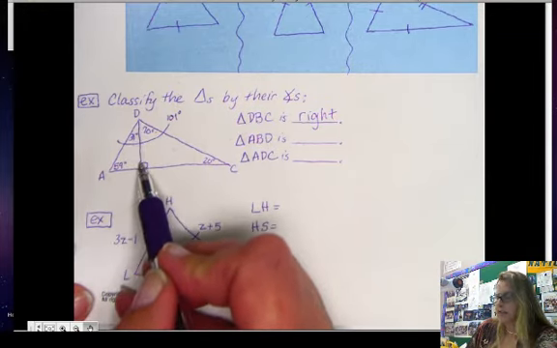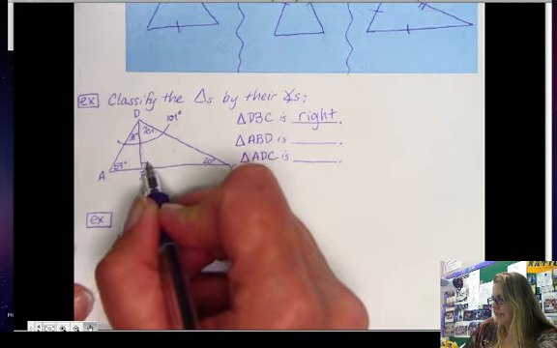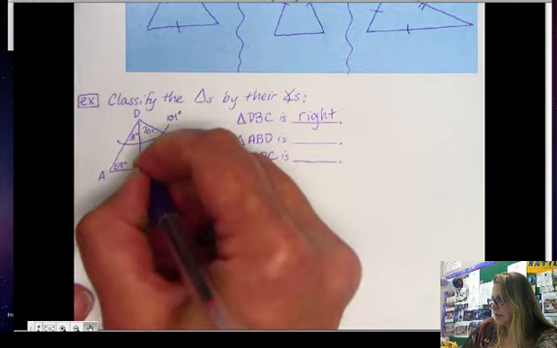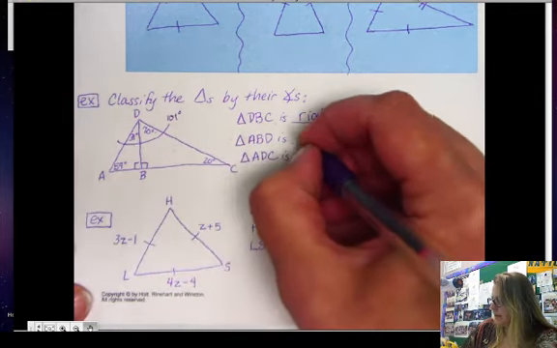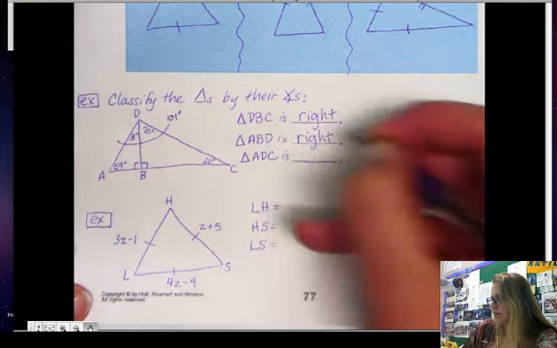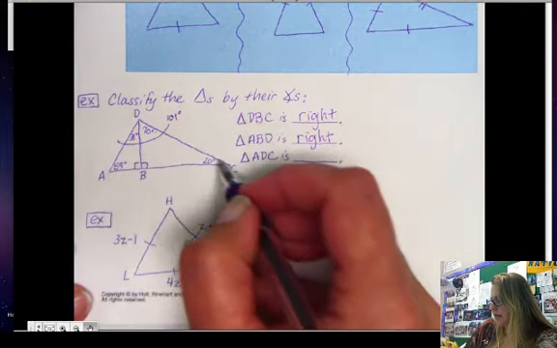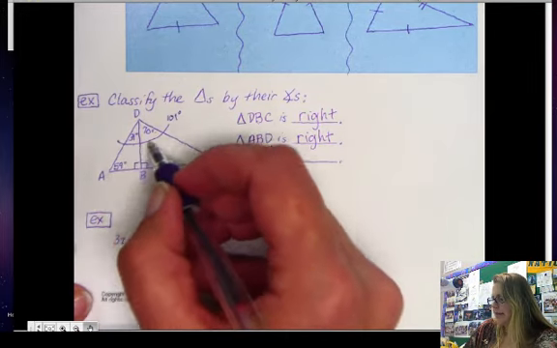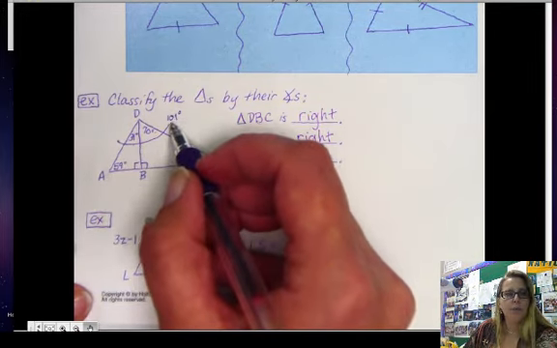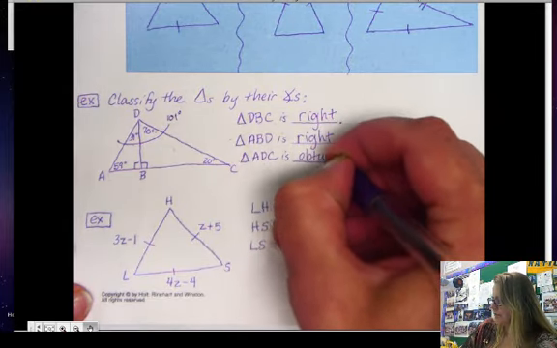It's not written, but since this is a straight line and half of it is 90, we can assume that the other half is also 90, so that is a right triangle as well. Triangle ADC is the big triangle here, and you'll notice that the big triangle has an angle of 101 degrees, which is obtuse. So that would be obtuse.